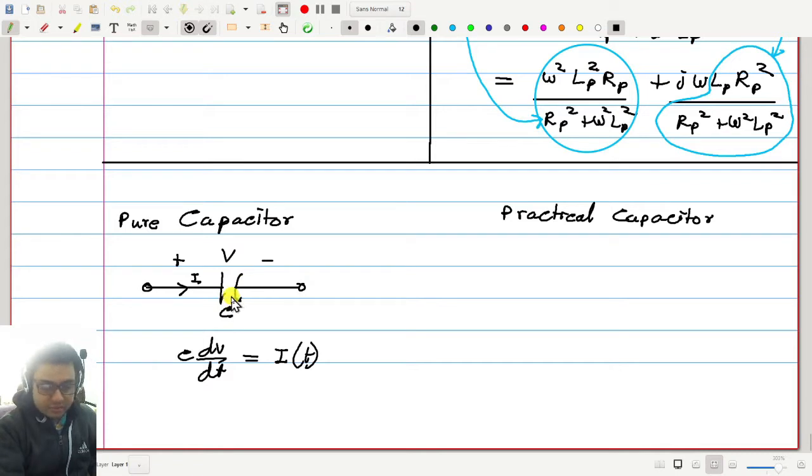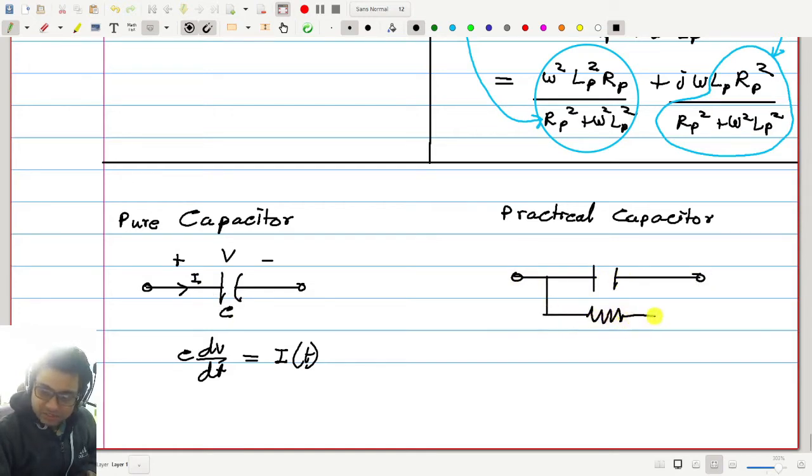The insulation may not be perfect, may not be ideal, and there may be some current leaking from one plate to the other plate. So how do we model that leakage current? We may model it maybe by a parallel conductance, so that some current is allowed to flow through this. This may model that leakage.